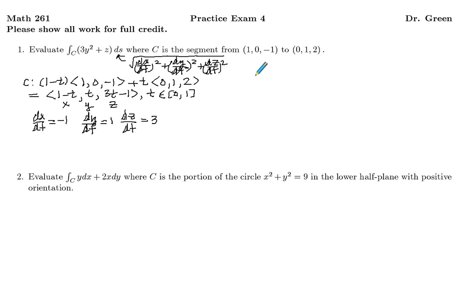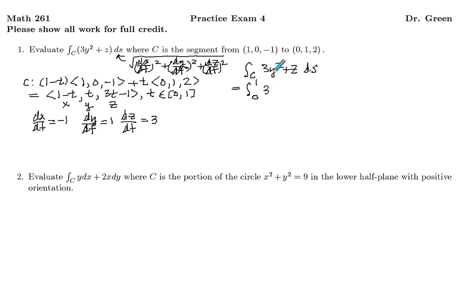So let's go ahead and start writing out this line integral. So the line integral along C of 3y squared plus z ds is going to equal the integral, changing things over to t. Our parametric curve goes from t equals 0 to 1.